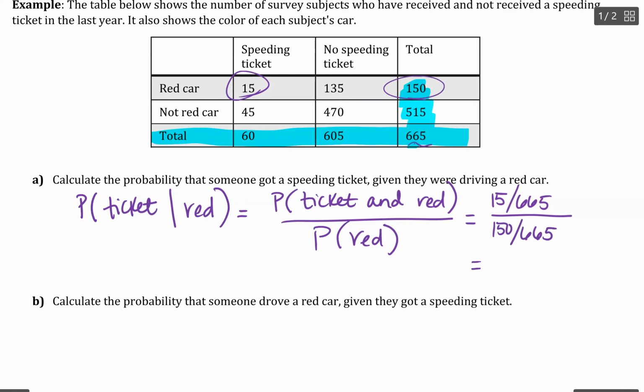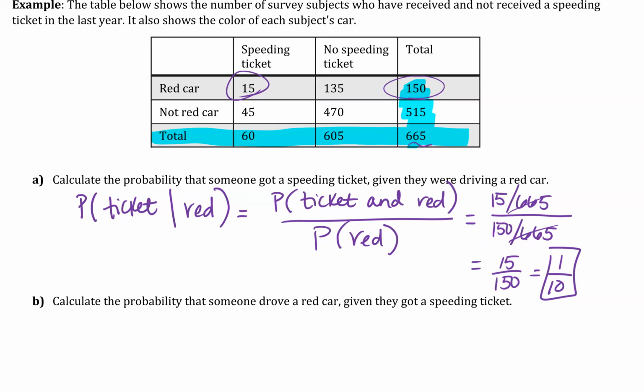Since they're out of the same denominator, those denominators will simplify and we're left with 15 over 150. That simplifies again to 1 over 10. So the probability that someone got a speeding ticket given they are driving a red car is 1 out of 10.